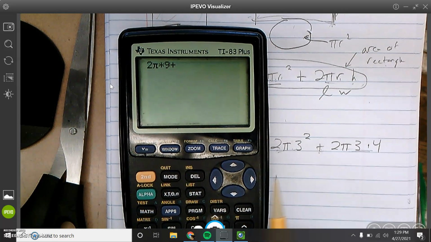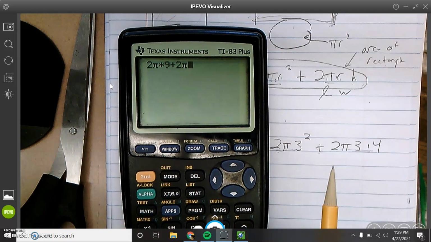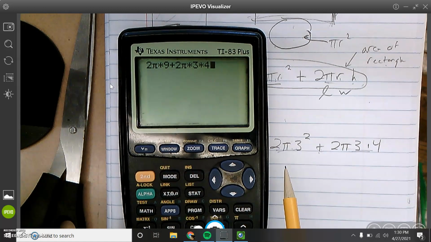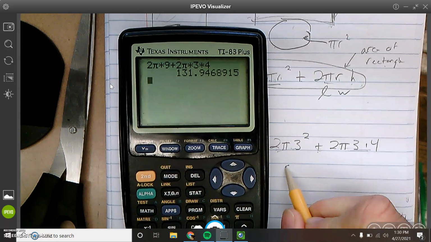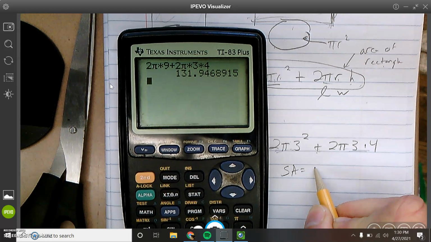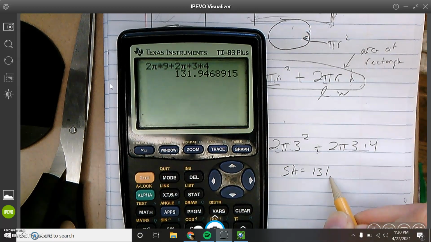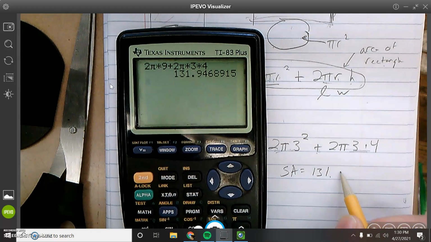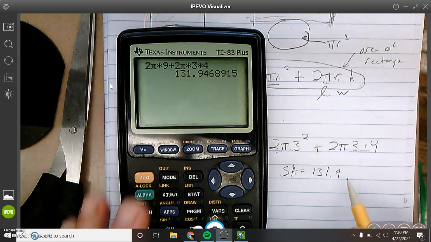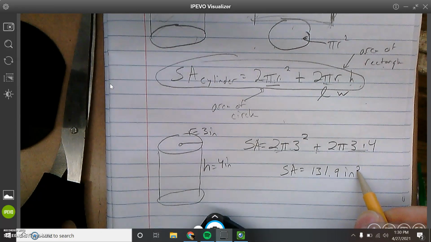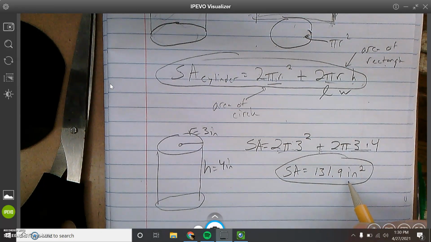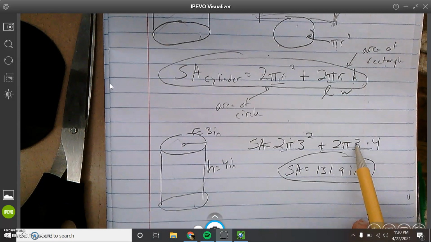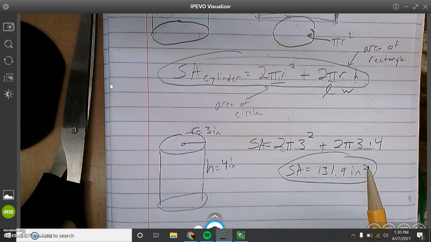Plus 2 times pi times 3 times 4. There we go. Surface area equals 131.9. It generally goes to the nearest tenth, and the next digit is a 4, so the 9 stays. The surface area is about 131.9 inches squared, with the two circles right here and the rectangle that wraps around. There we go. Cool.